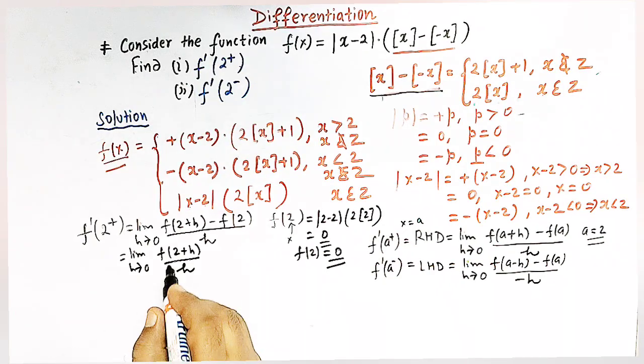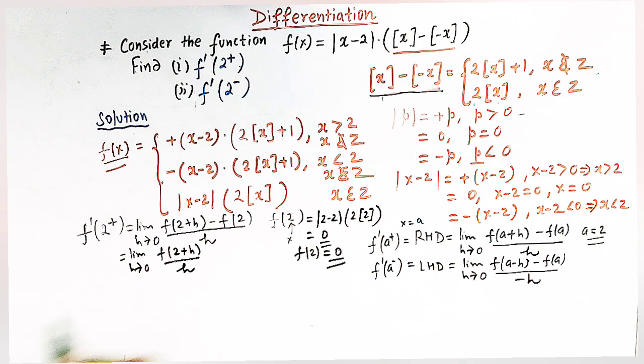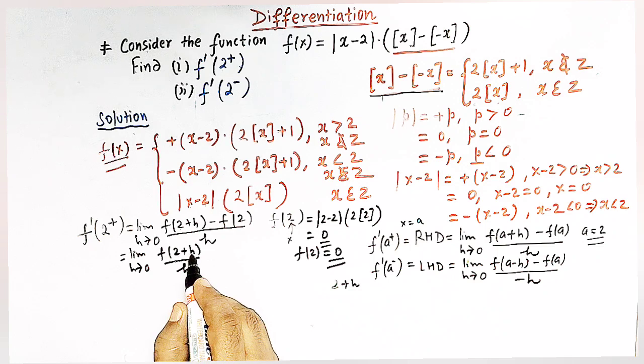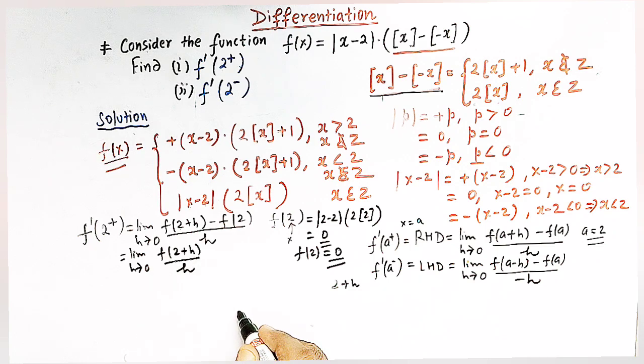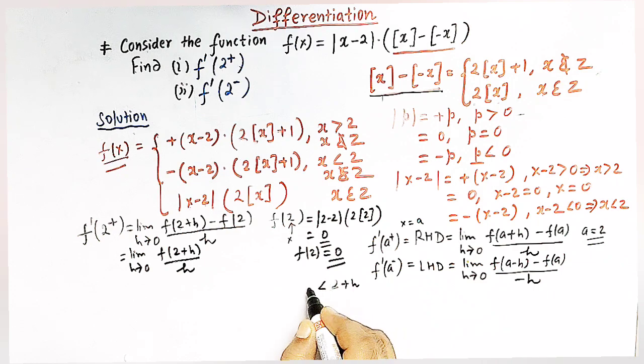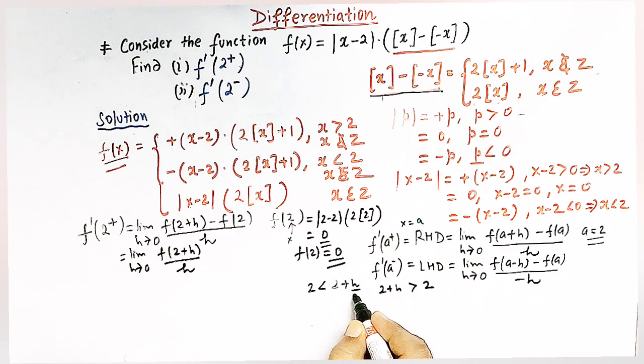So now we have to find out the value of f of 2 plus h. Now see, here 2 plus h. Now h is a positive number and it is infinitesimally very small. So 2 plus h is greater than 2, right? Or we can write 2 plus h greater than 2, where h is a positive quantity and it is infinitesimally very small.